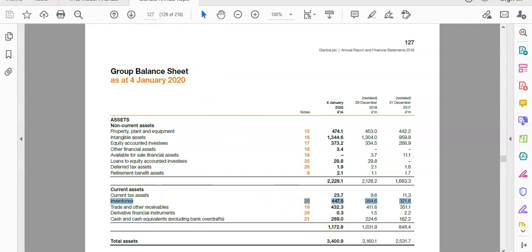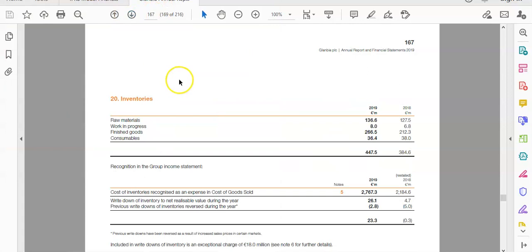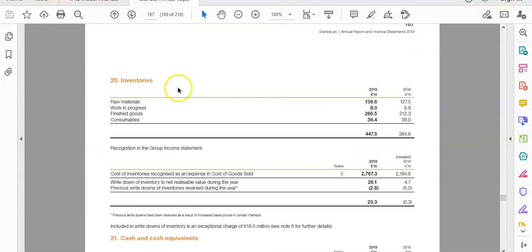When you go to note 20, which is on page 167, you can see as part of the requirement in IAS 2, you must disclose the different components of that 447. How much is raw materials, how much is work in progress, how much is finished goods. Consumables would be, for example, spare parts for a production process. In an office setting, it would be ink, paper, stuff that's going to be consumed as part of the business.